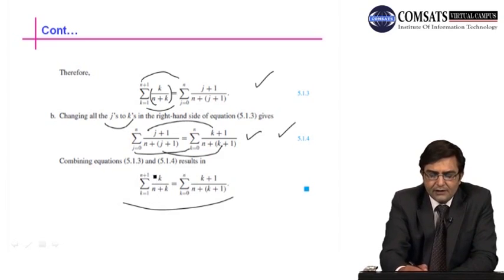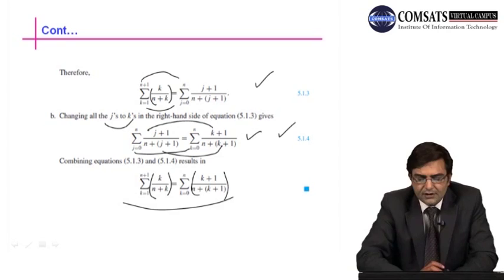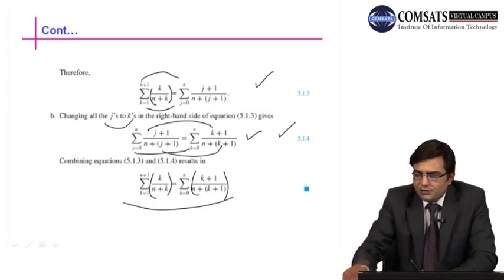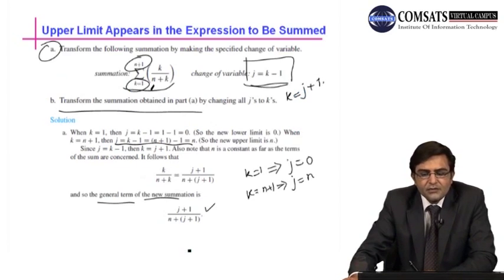Its general term here and here are also different. But if we write these two summations into expanded form, the resultant will be the same. So this is how we can make the change of variable in the summation notation.